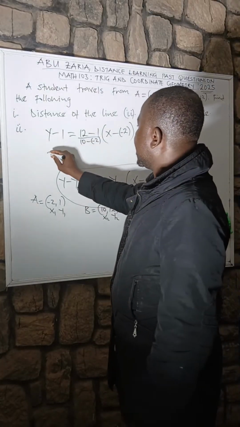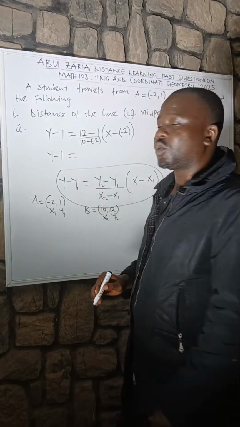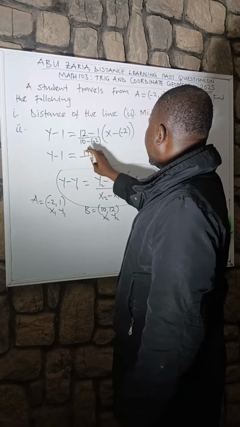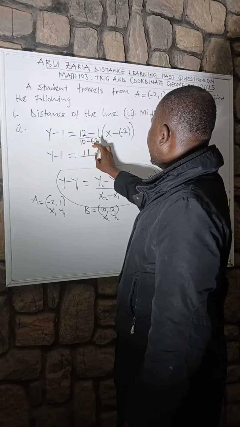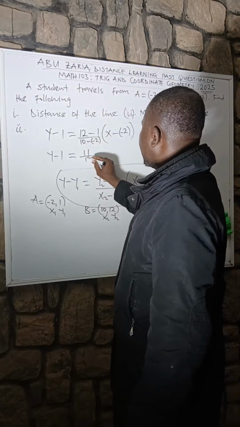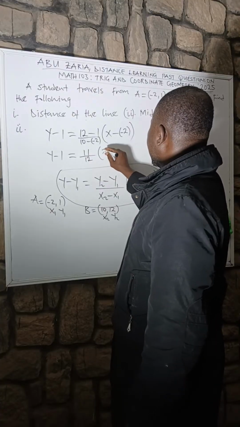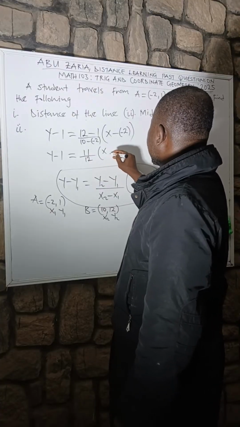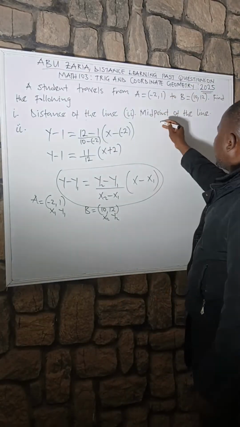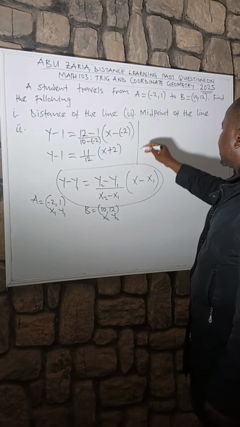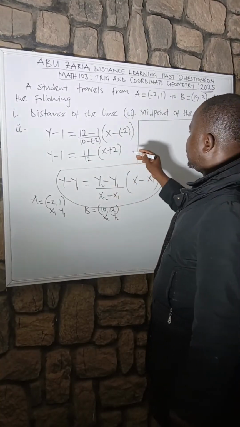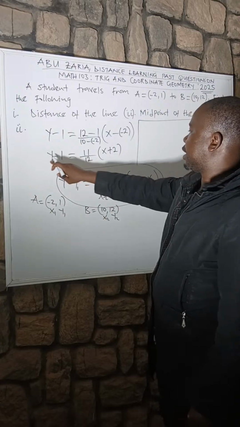So y minus 1 equals 12 minus 1, which is 11, all over 10, minus times minus is plus, then 10 plus 2 is 12, open bracket x plus 2. Do you agree with me? So let's cross multiply: 12 times this.